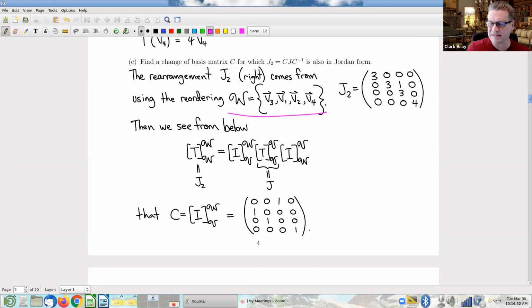Once you have those bases identified, once you see how you're going to reorder the blocks, and therefore how the bases are reordered, that tells you how to view these as a combination of those, and thus gives you your columns. So again, a little bit different from other questions on this same topic, but ultimately all the same ideas, just in a different order and with a different veneer. Okay, so I hope that's a useful discussion.